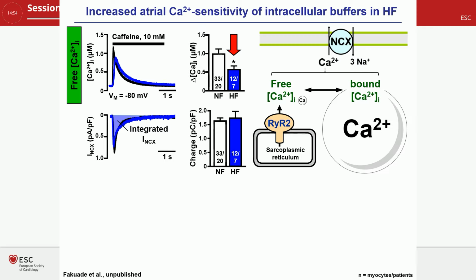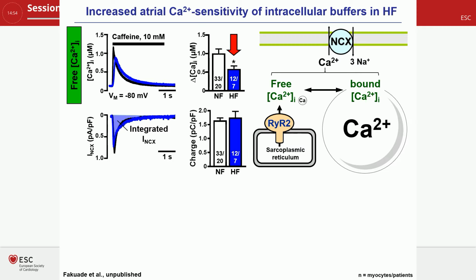I made this in proportion. 99% of the systolic calcium released from the sarcoplasmic reticulum is bound to calcium buffers, and only 1%, you see this little ball here, is free and can be measured via the calcium indicators. In other words, I showed you that around 100 nanomolar is what we measure, but in fact around 100 micromolar is released during systole.